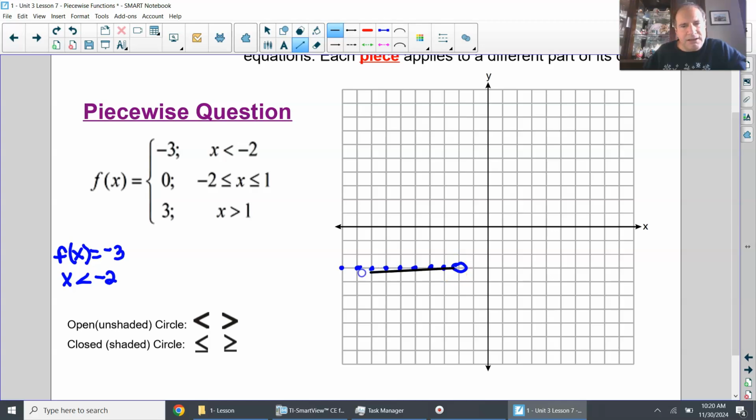The horizontal line just continues on like that. And since it's just less than -2, we're going to put an arrow here. That's the open circle. And then we're just going to go ahead and label it f of x equals -3, semicolon, x is less than -2.